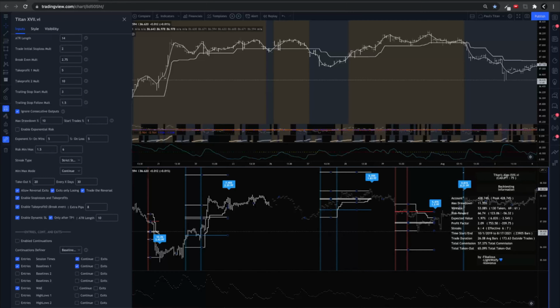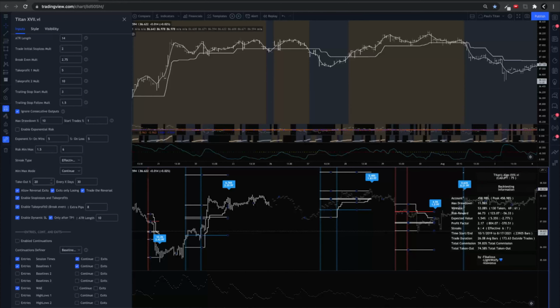No, so that's not as good, and it's because we have an effective losing streak there. What happens if I go effective instead? Does that make it better? 458. No. So we don't want to play around with the risk.